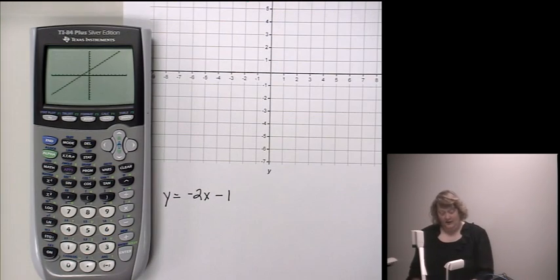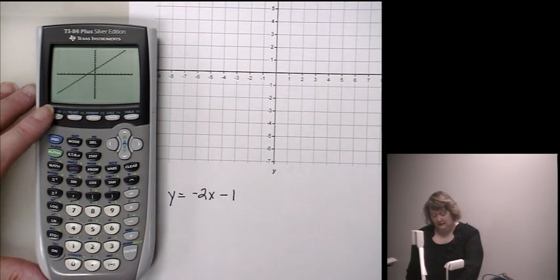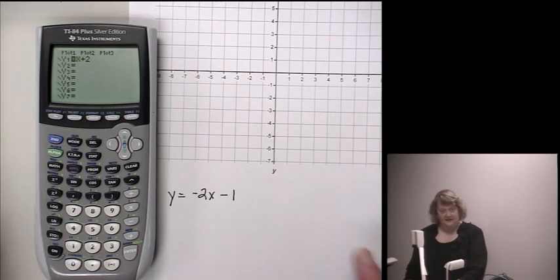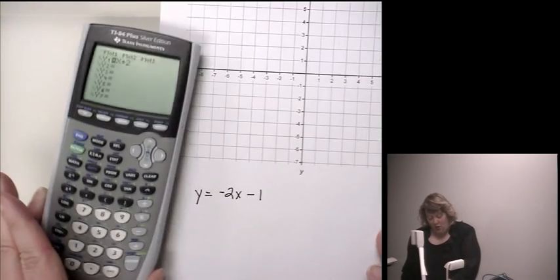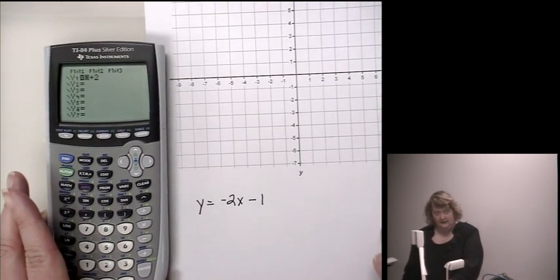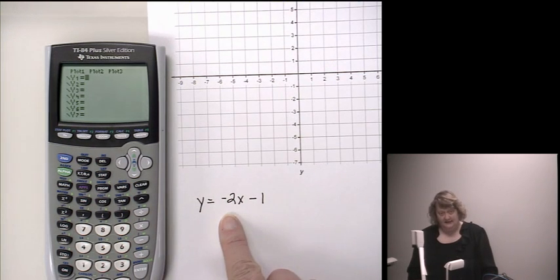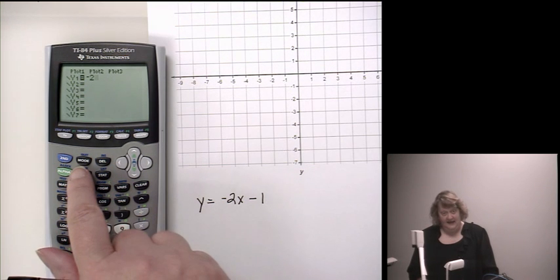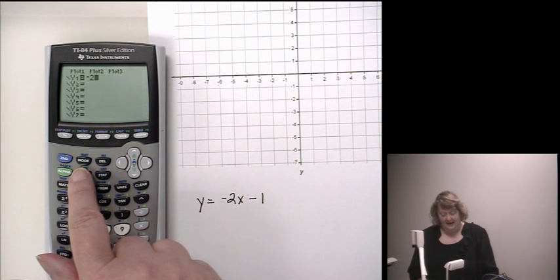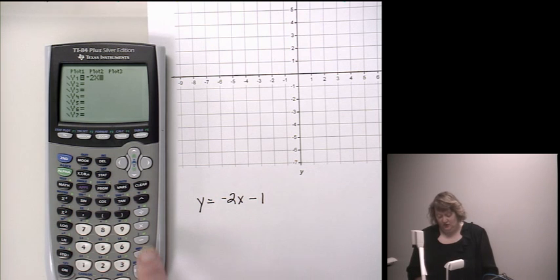Again, to go back, we want to go to y equals. This time we do have something in it. We can either type over it or we can clear it out. I'm going to press clear. I'm going to now type in negative 2, then the x, which is located next to the alpha key, subtract 1.